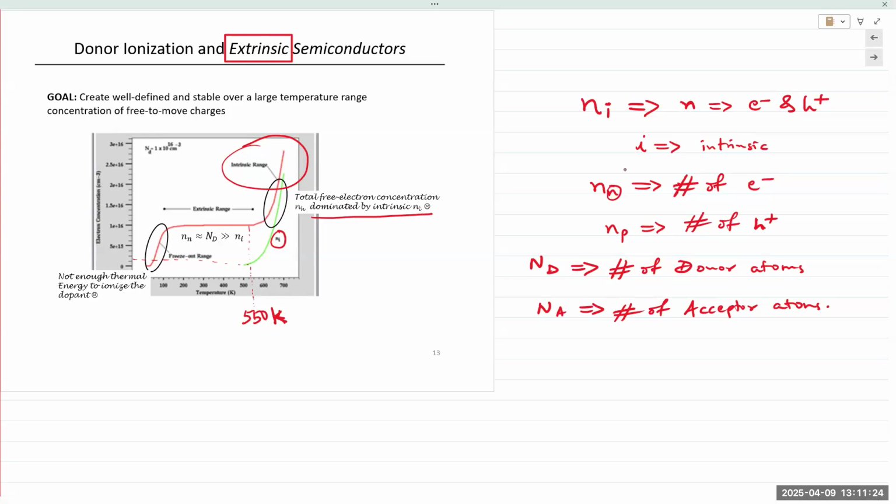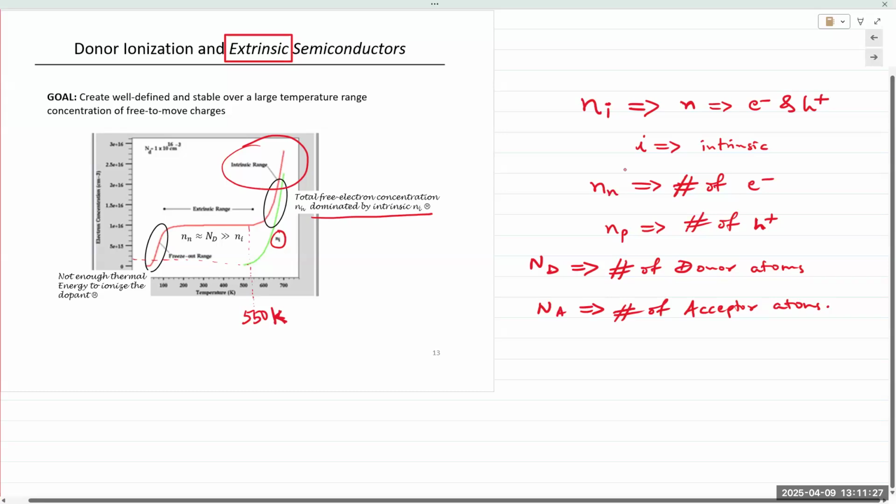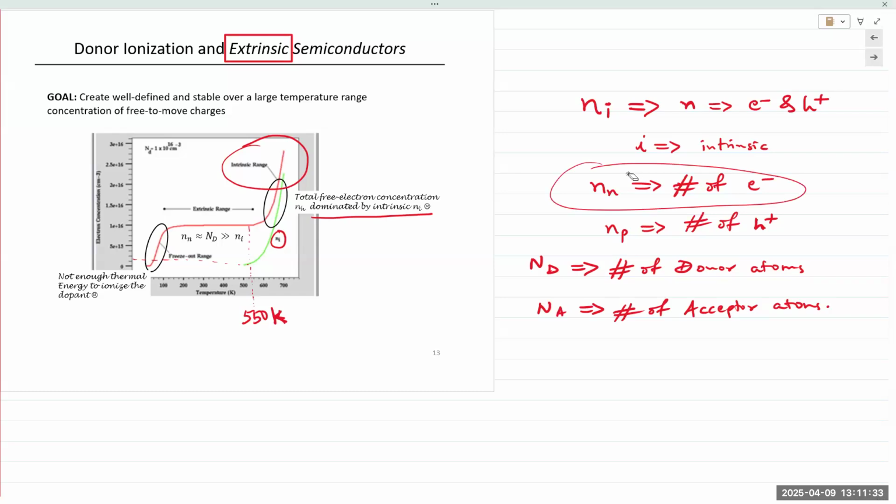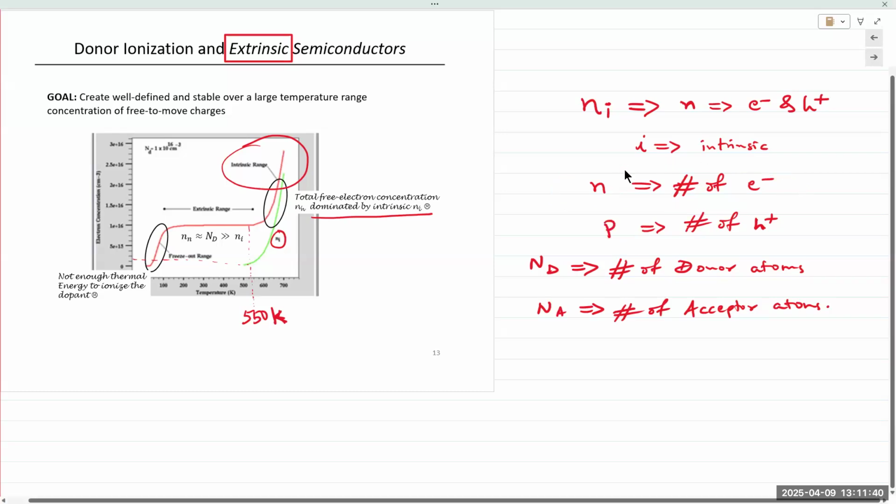Okay. And then again, as I said, N is used to note the number of electrons. And actually, this is incorrect. P is used to note the number of holes or the positive charges.